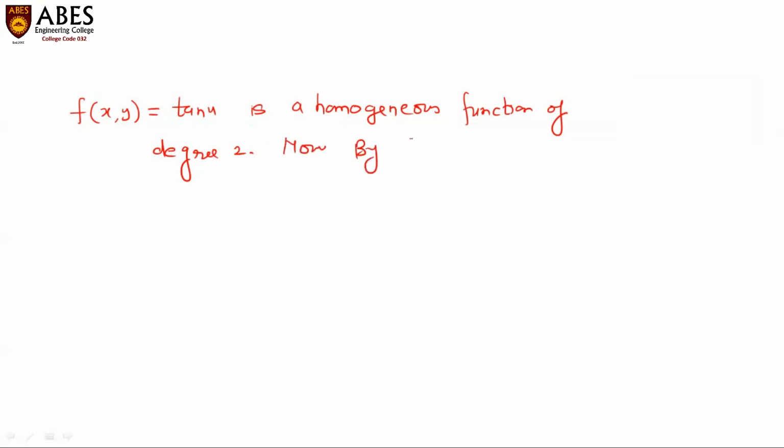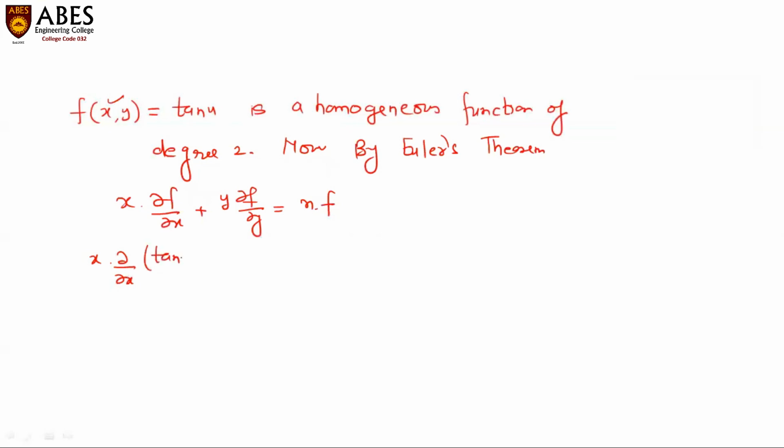Now by Euler's theorem, x into del f del x plus y into del f del y equal to nf. So here the value of f is tan u. So x into del x of tan u plus y del y of tan u equal to n times tan u.